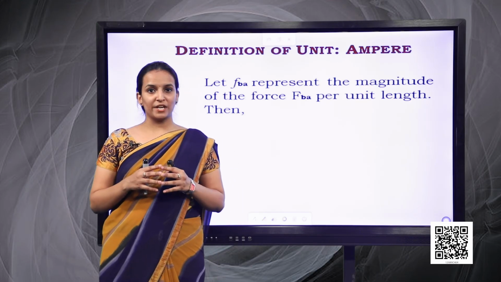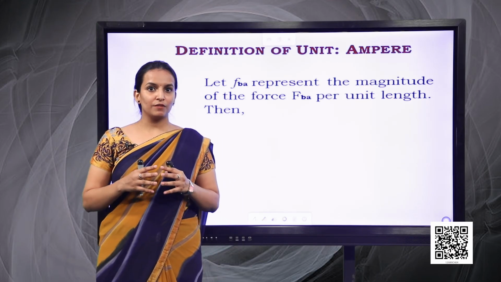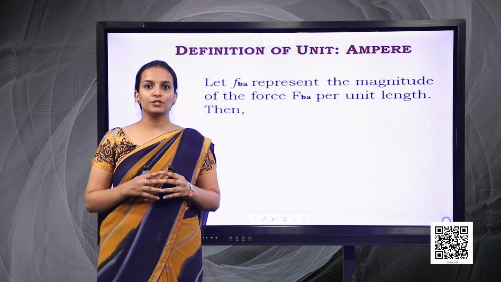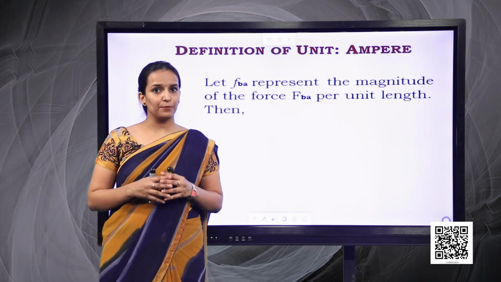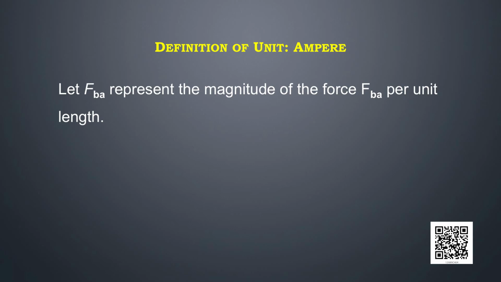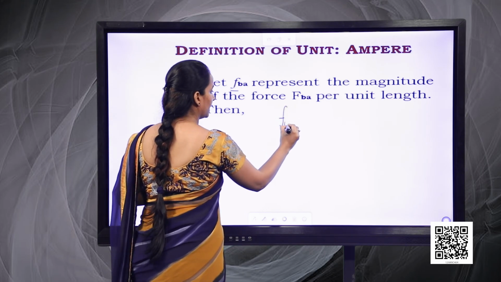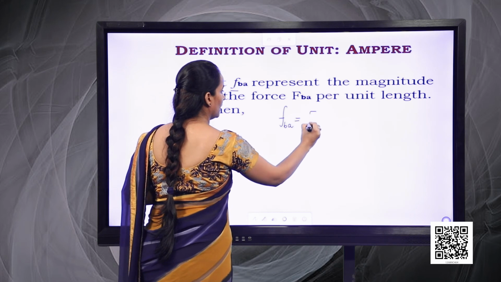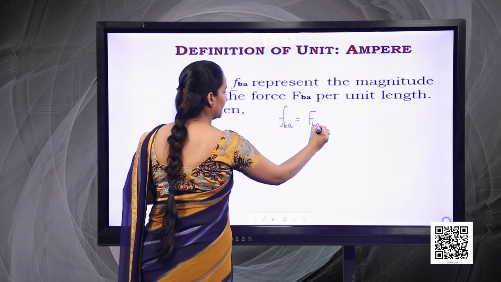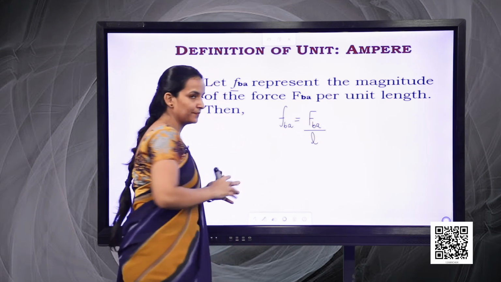Now, using the expression of FBA, we will try to define the SI unit of the current, that is ampere. Let fba, that is small fba, represent the magnitude of the force FBA per unit length. It means we are taking fba equals FBA divided by length.